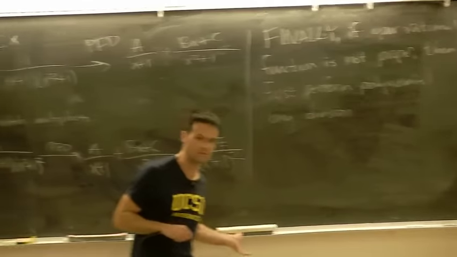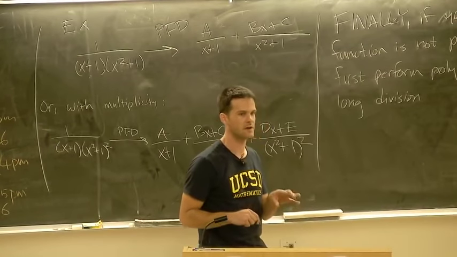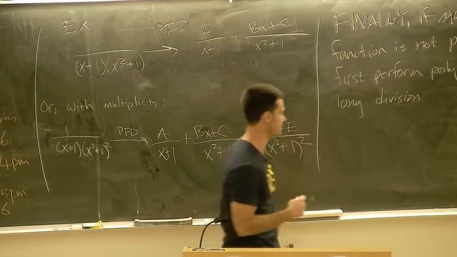So you first do polynomial long division, and then you do a partial fraction decomposition on the remainder.